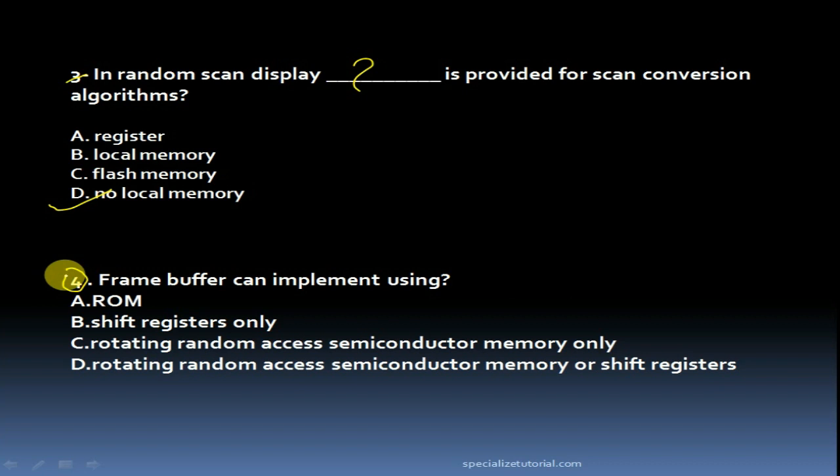Question number 4: the frame buffer can be implemented using what? The options are ROM, B: shift register only, C: rotating random access semiconductor memory only, and D: rotating random access semiconductor memory or shift registers. First of all, we should know what a frame buffer is.